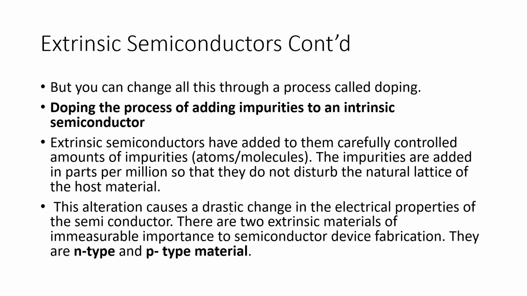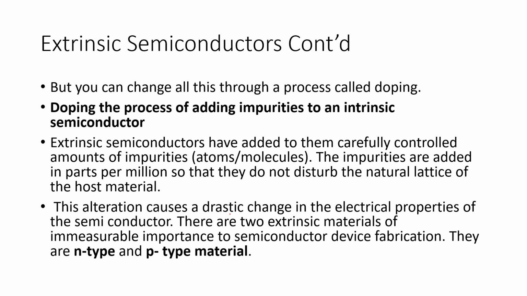So if we take a different element from possibly group 5 or group 3, then what you would see now is that that element will enable the overall structure of the semiconductor to have either a free electron moving about inside of the lattice, right? Thus it will create the ability for electricity to flow.